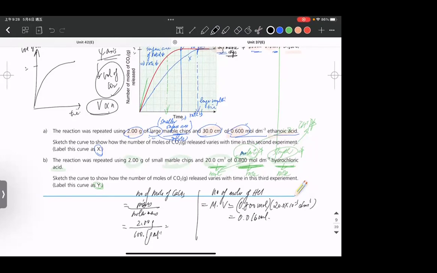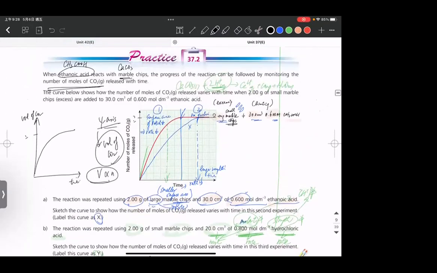Now, Matthew, tell me what is that? 2.00 over 100.1. It's about 1 over 50. 0.0200. Yeah, 0.0200.